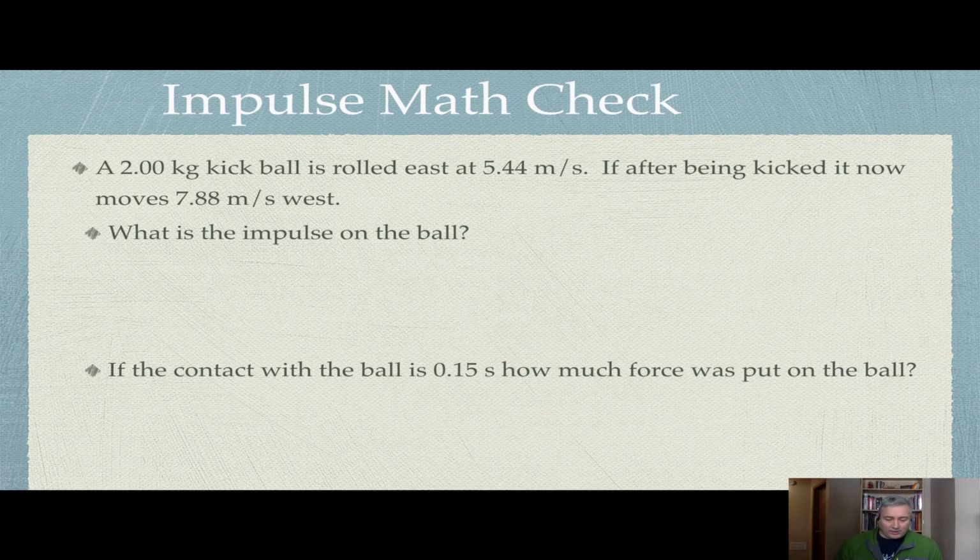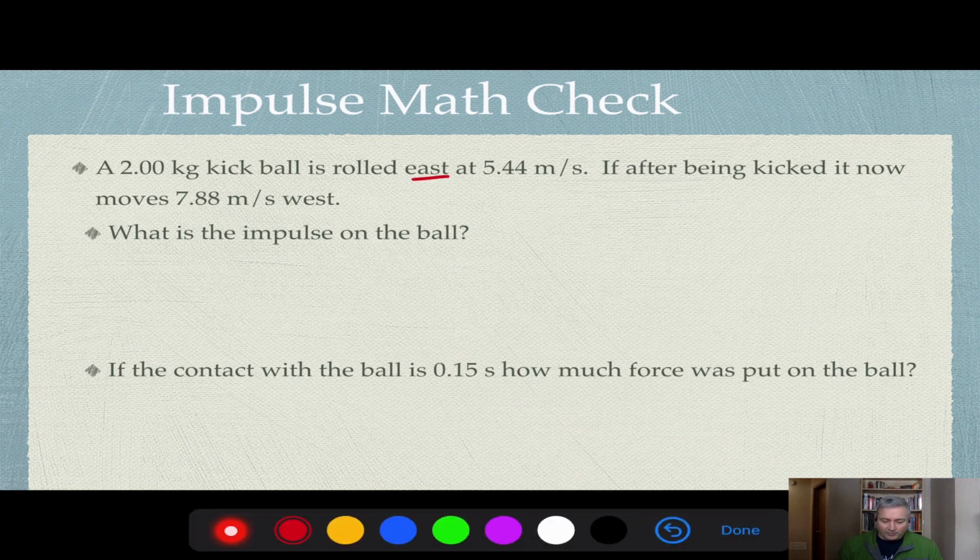We have a kickball. We know the mass of the kickball, and it is going east at 5.44 meters per second. And now it moves west at 7.88. Direction's important. You need to make sure one of these is positive, one of them is negative, because it reverses direction. It didn't just go from a speed of 5.44 to a speed of 7.88.